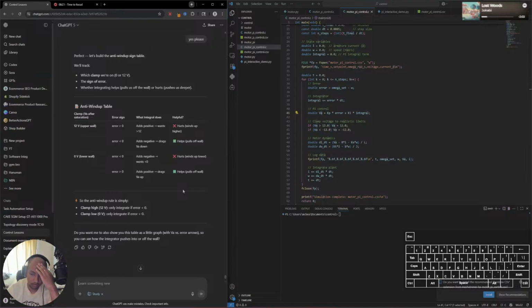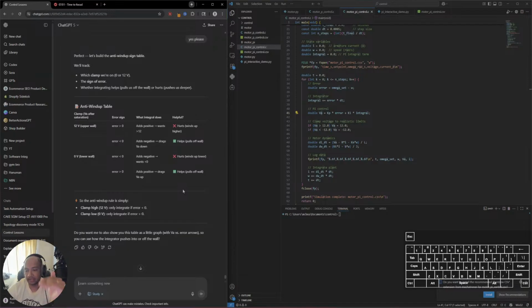So essentially, the 12 volt upper wall is the highest. If my error is greater than 0, then I'm gonna keep adding. It wants to go up, which is wrong, because my error is already greater. But if it's less than 0, it's negative.